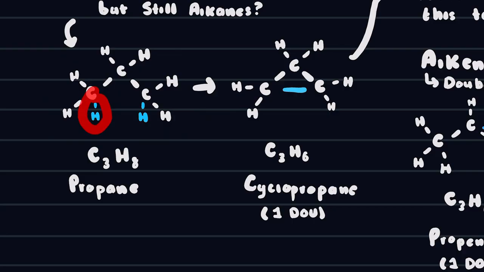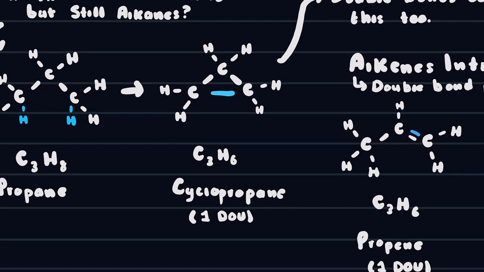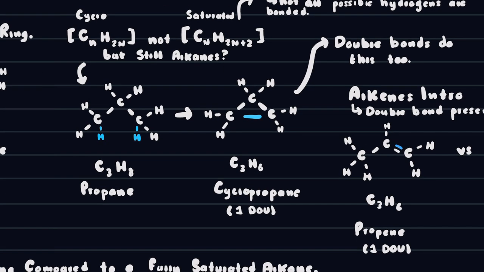As you can see, there's an extra hydrogen they're bonded to. And so, as a result, those 2 hydrogens are lost, and instead we see this bond forming between 2 carbons. So that's why those two hydrogens disappear when we are in a cyclo version of the same compound.